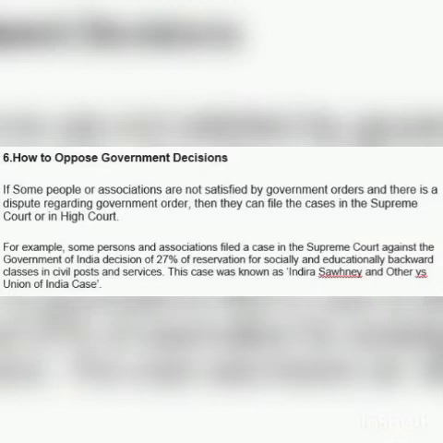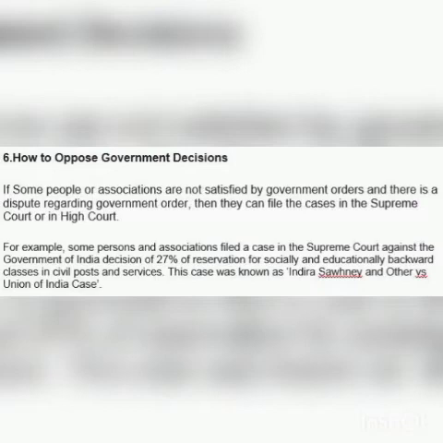How to oppose government decisions? If some people or associations are not satisfied by a government order and there is a dispute regarding it, then they can file cases in the Supreme Court or in the High Court.